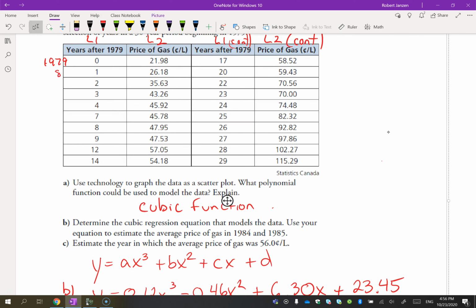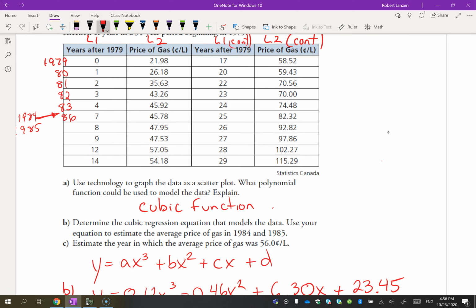Then this would be 80, 81, 82, 83. This is going to be 7 years, so this is going to be 86. So in there is what we're looking for, the price of gas in 1984, 1985.